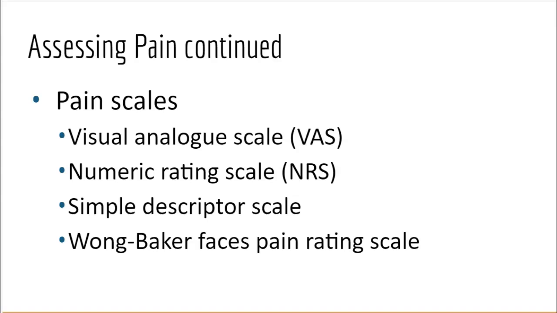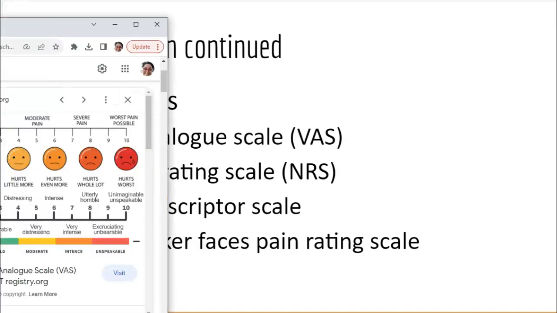That one typically will have numbers and faces all at once, and it might have wording such as no pain, mild annoying pain, nagging pain, distressing, intense, worst pain possible. Let me find a really good one for you here.